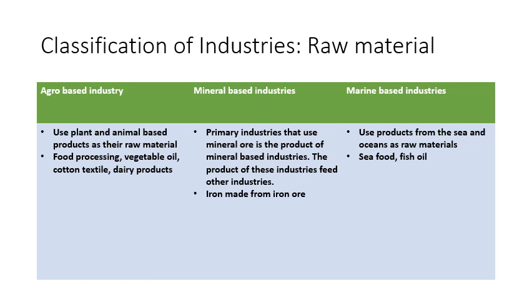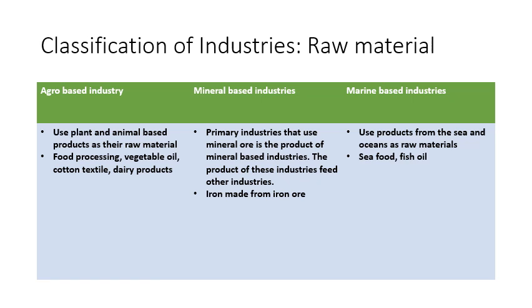So I've repeated it once again. On the basis of raw material, industry has three parts: agro-based industry, mineral-based industry, and marine-based industry. Agro-based industry means those industries which are directly connected to plant and animal-based products. Mineral-based industry means the primary industry that uses mineral ore, like iron.